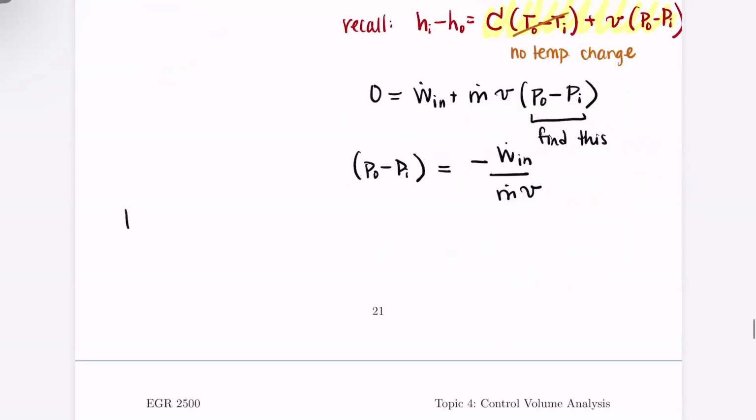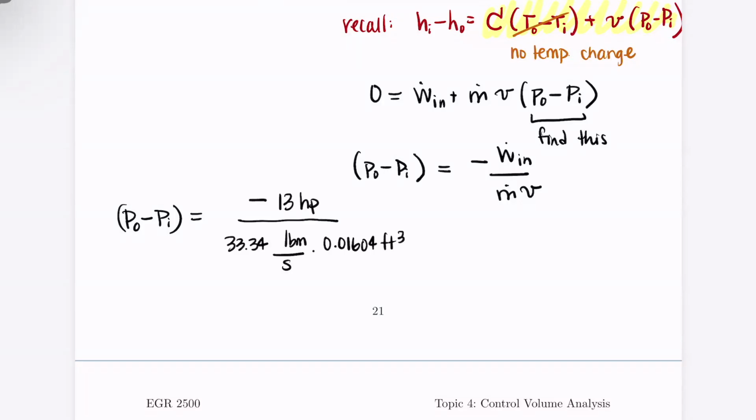We have all of that information and we can plug it in. So we have minus 13 horsepower over 33.34 pounds of mass per second times 0.01604 cubic feet per pound of mass, times a conversion.